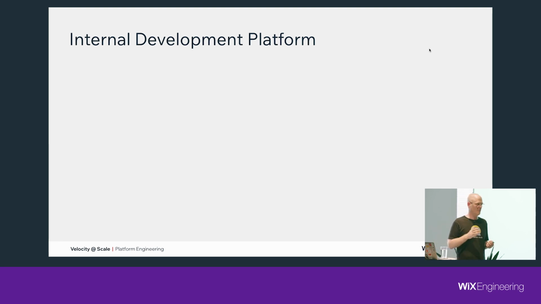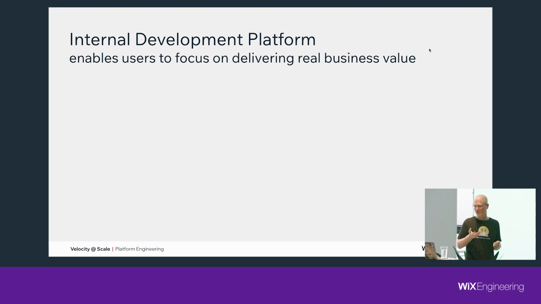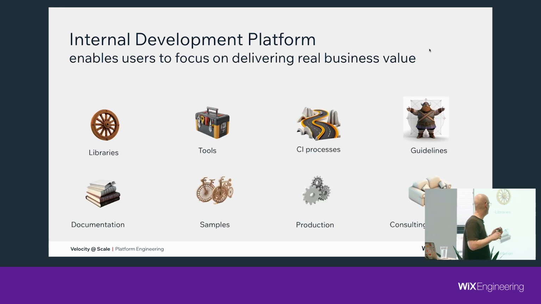Internal development platform, IDP. It's a system whose target is to enable users to focus on delivering real business value. And it's much more than libraries and frameworks. It's libraries and frameworks, and it's also tooling, because we are responsible for the velocity inside the organization. So we have tools like gRPC console, or we do IntelliSense. Why?